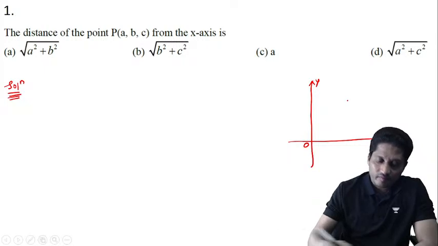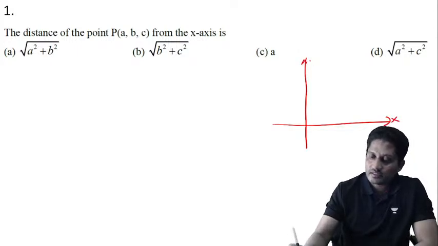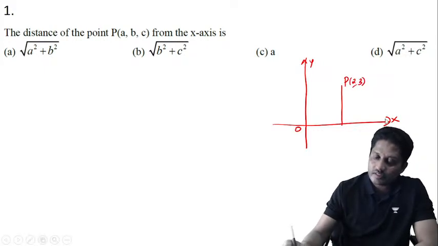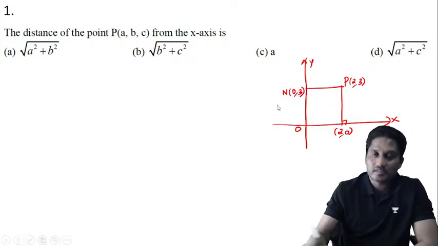And if you have the point 2 comma 3, then the distance of the point 2 comma 3 on x-axis: if you drop the perpendicular, the point on x-axis will be 2 comma 0, and if you drop the perpendicular on y-axis, the point on y-axis will be 0 comma 3, isn't it guys?